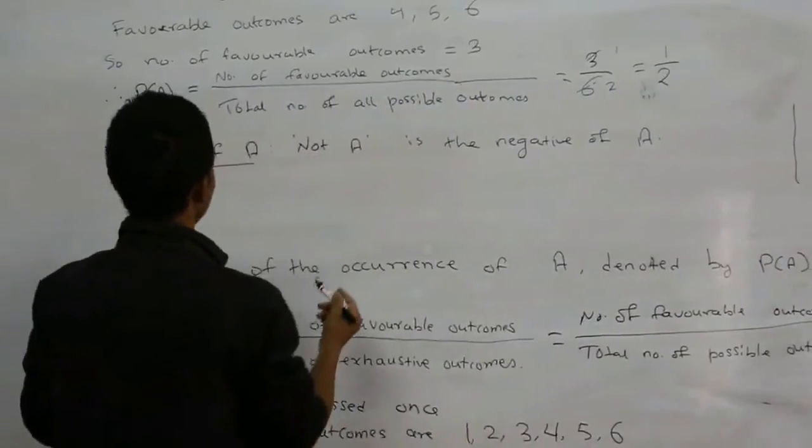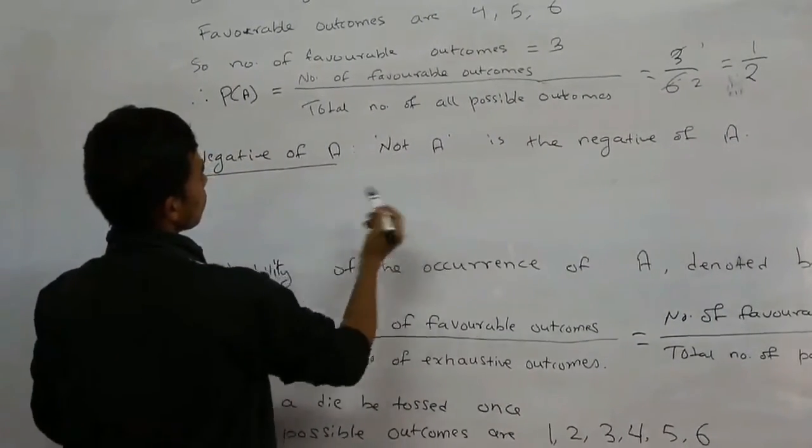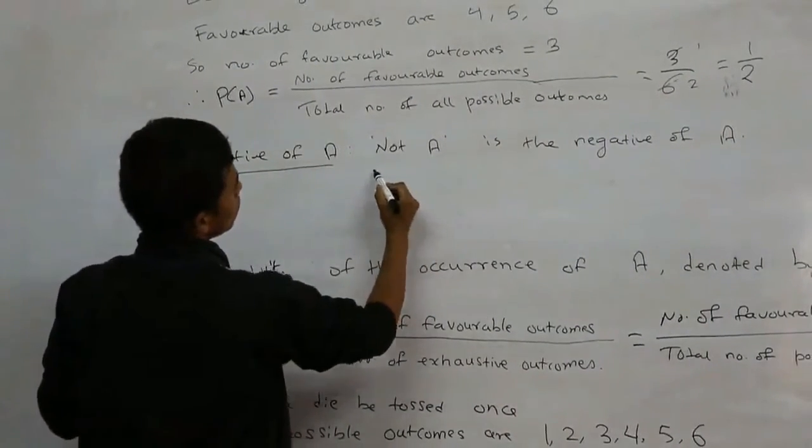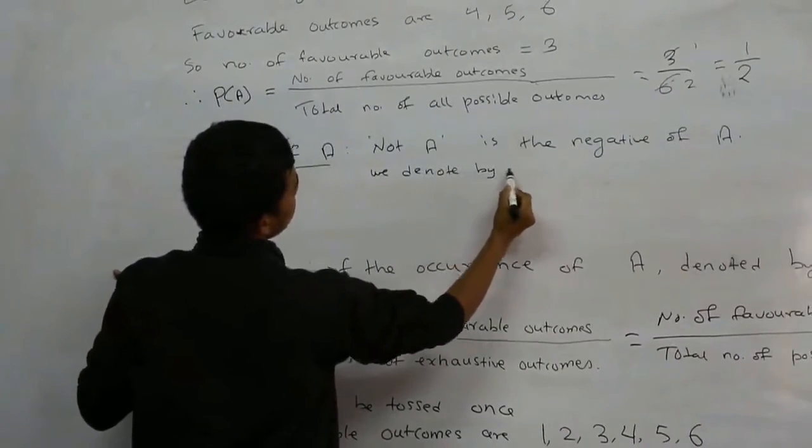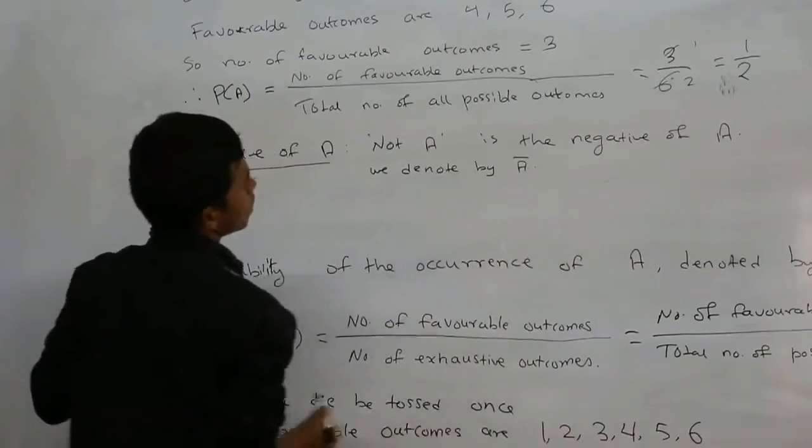In the same sense, not A is the negative of A, and we denote it by A bar.